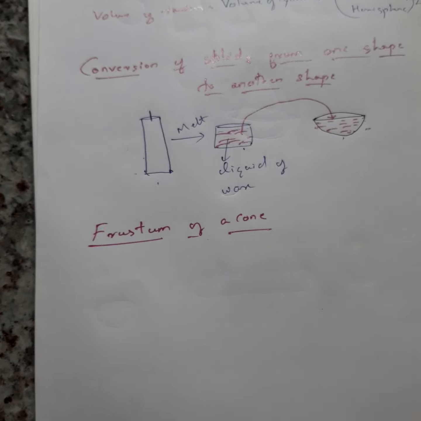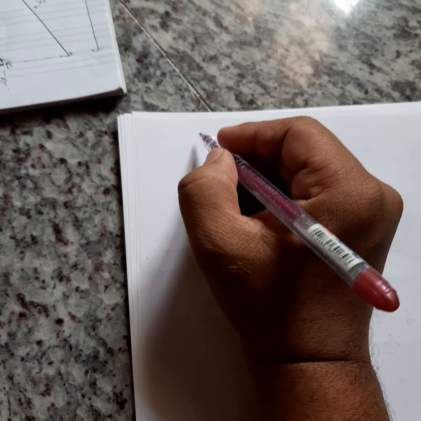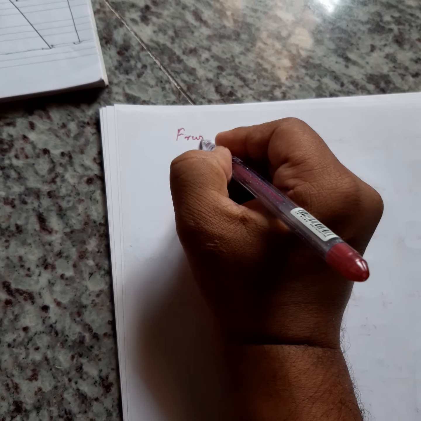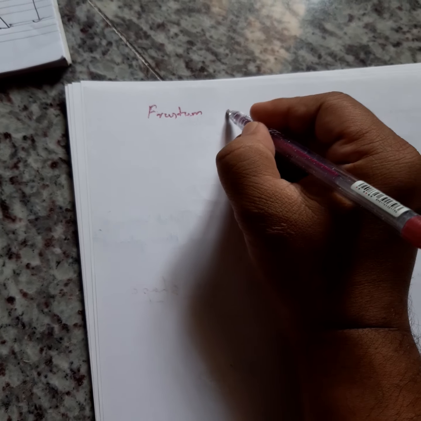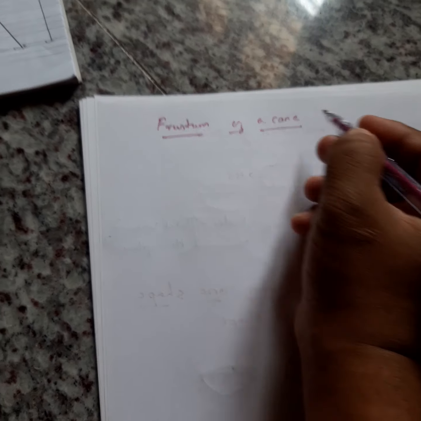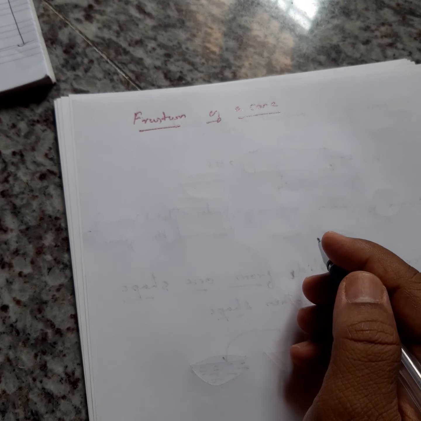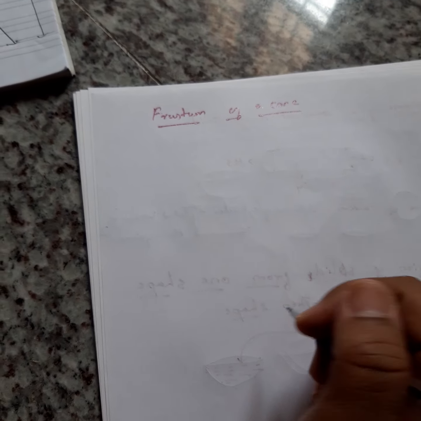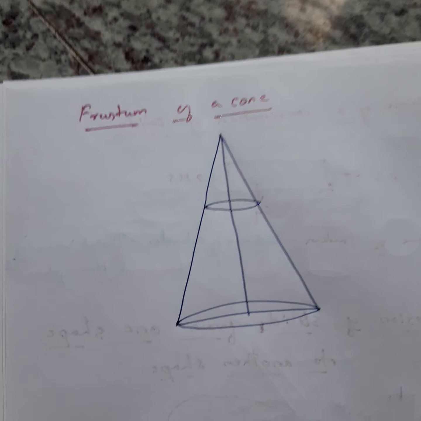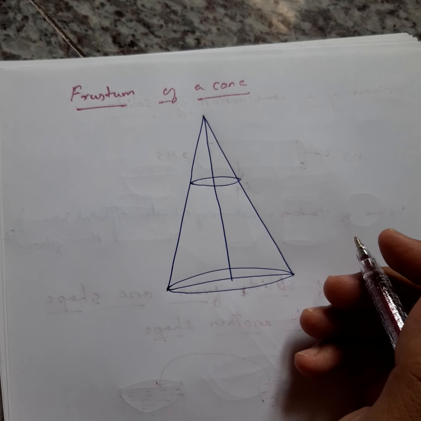I'll take a new page because it requires some explanation. So, frustum of a cone. I'll just draw the cone and then I'll start the video. So this is the cone I just drew.